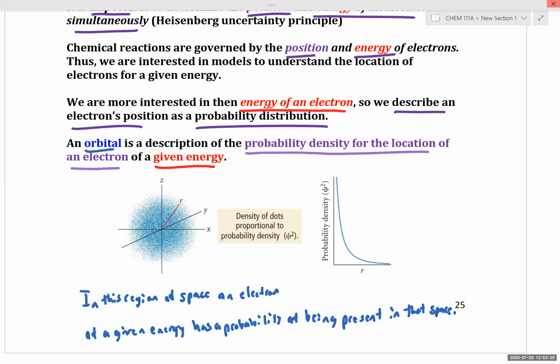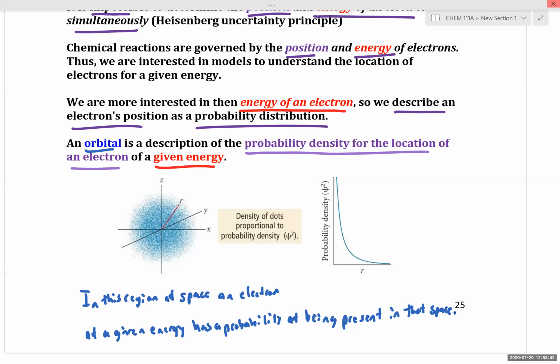You only know they're likely to be in a certain region of space. So we are describing an electron's location as a probability density. The electron is likely to be in this location if that electron has a specific energy.